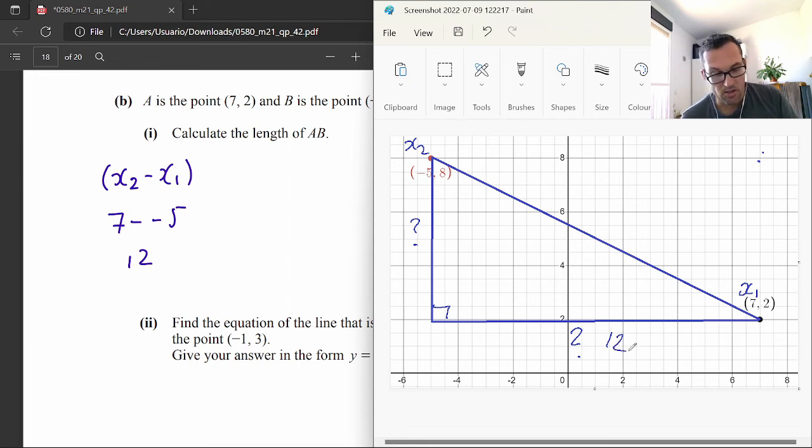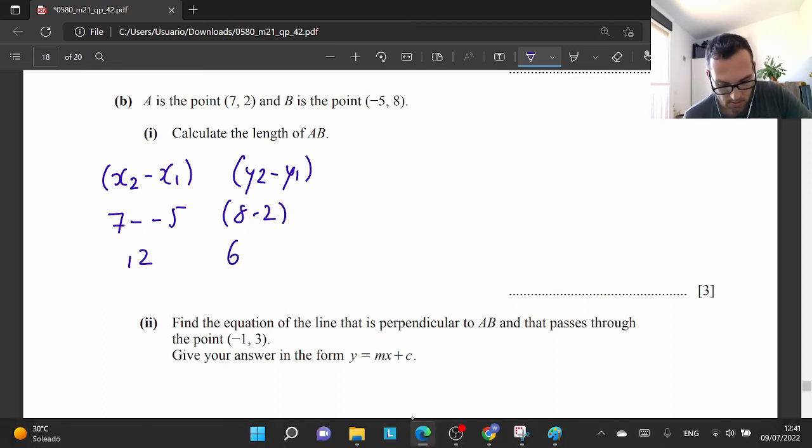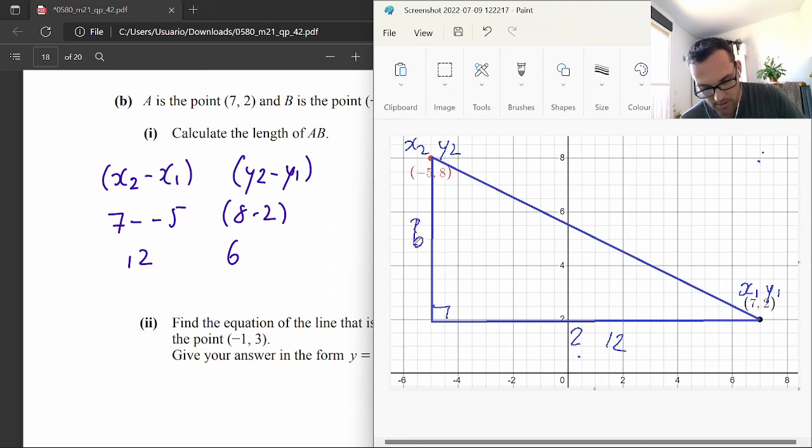Then to find the change in y, we need to take the two y values. Let's call this y1, and that is y2. So we need to subtract the two y values. That's y2 minus y1, which in this case would have been 8 minus 2. That gives us 6. So now we have this length here of this right angle triangle.